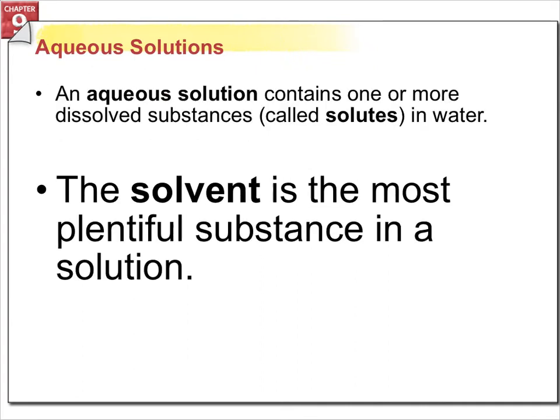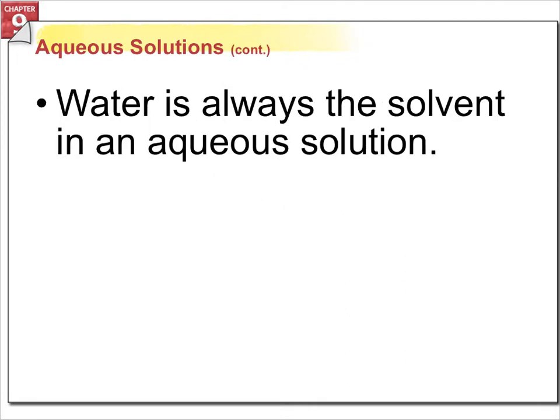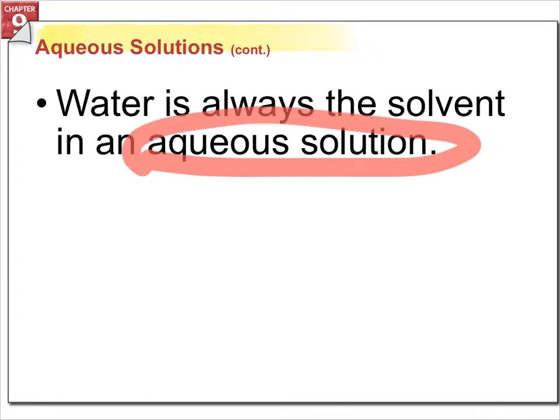The solvent is the most plentiful substance in a solution. So if we're making the salt water, we're obviously going to have a lot more water than we will salt. Water is always the solvent in an aqueous solution. Just by definition, if it's aqueous, it's got to be water-based.